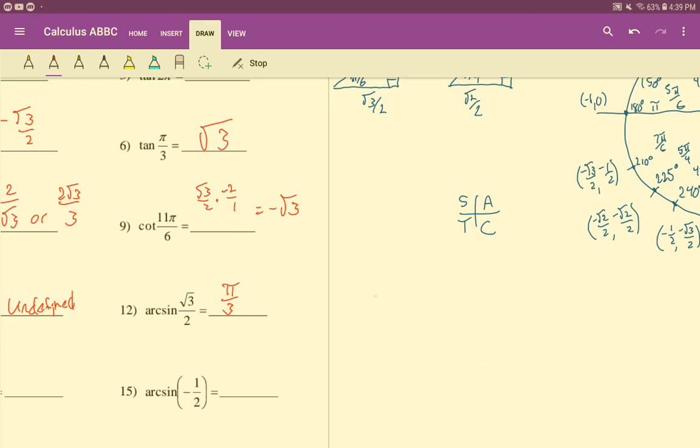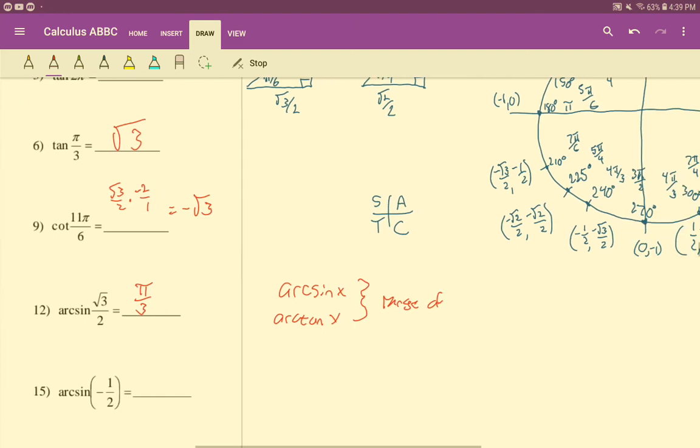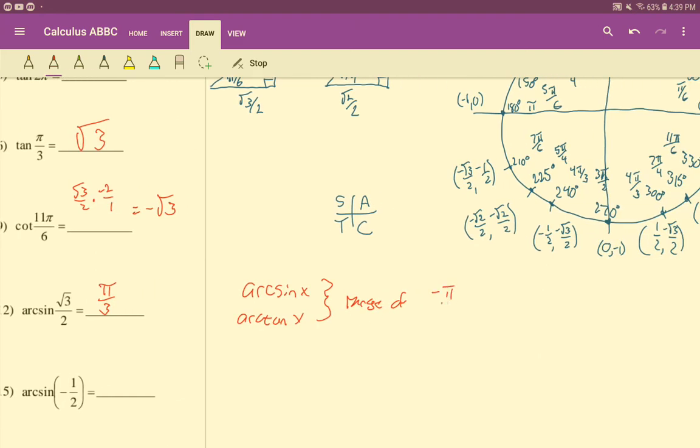Now, one thing we have to be careful about when it comes to arc sine and the other inverse trig functions is that arc sine and arc tangent both have a range of negative pi over 2 to pi over 2.